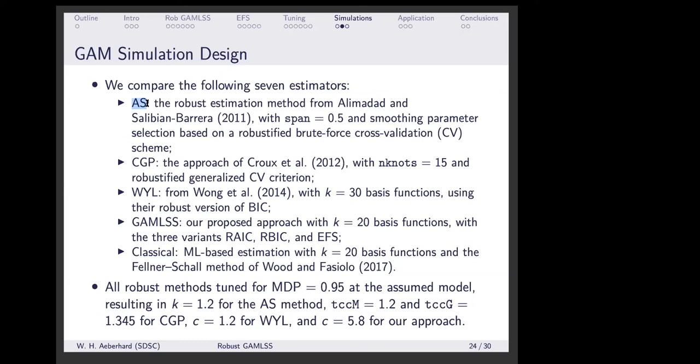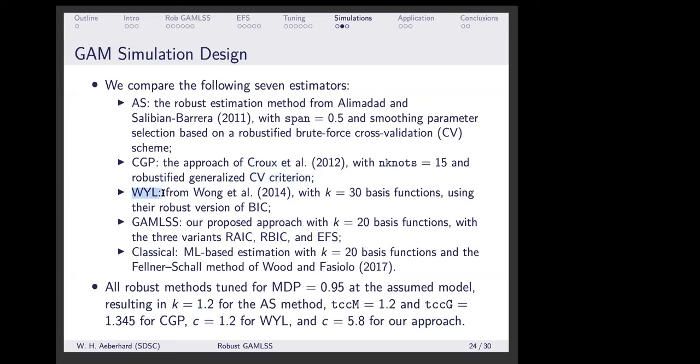It takes a lot of time. But in this case, we were able to make it work, so it was worth including it in the study. CGP is another method by Christoph Croux and his collaborators. This is based on a quasi-likelihood robustified estimating equation, and they have a sort of ad hoc generalized cross-validation criterion to select the smoothing parameter.